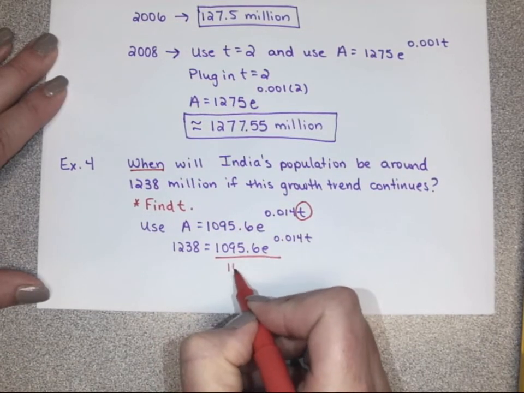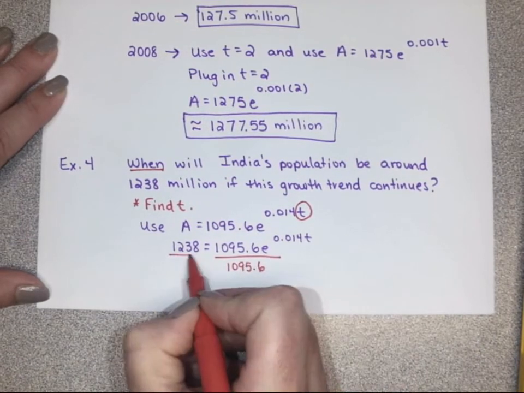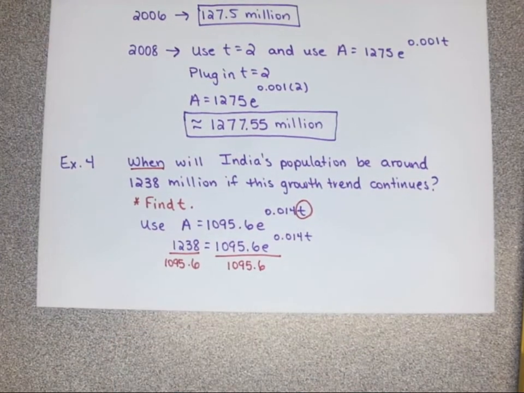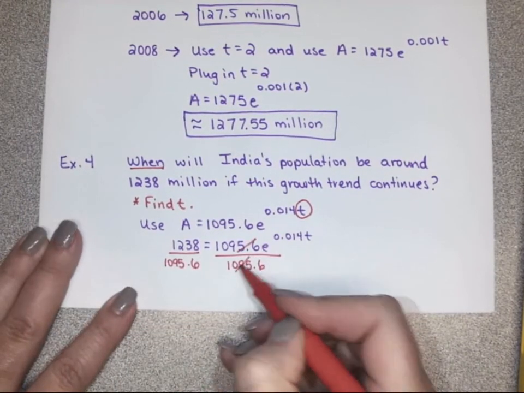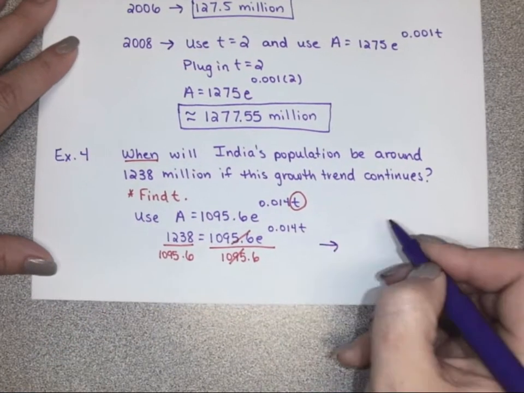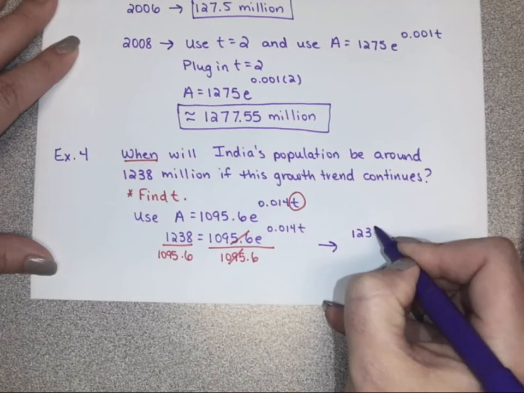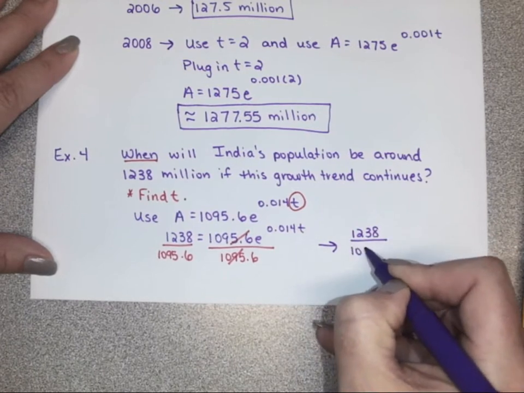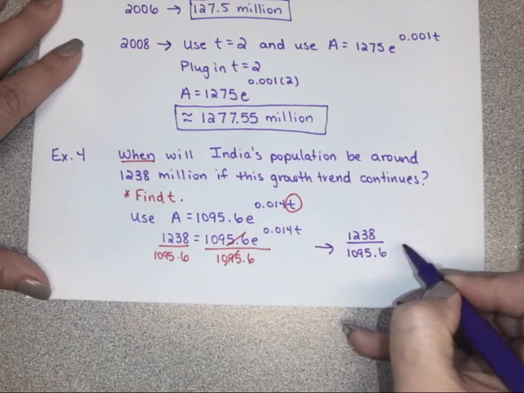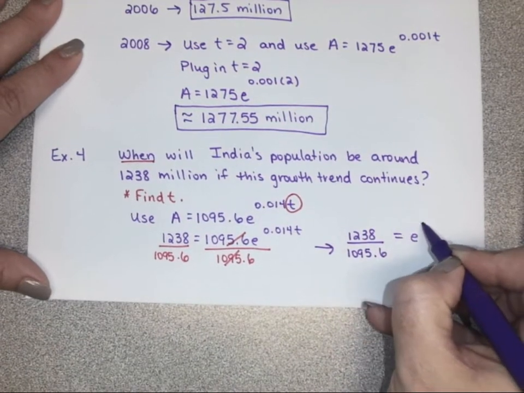So the first step, again, is to get rid of this number. So note, it's going to go away over here, right? And so I'm going to be left with, I'm going to move over here, 1,238 over 1,095.6 equals e to this power.